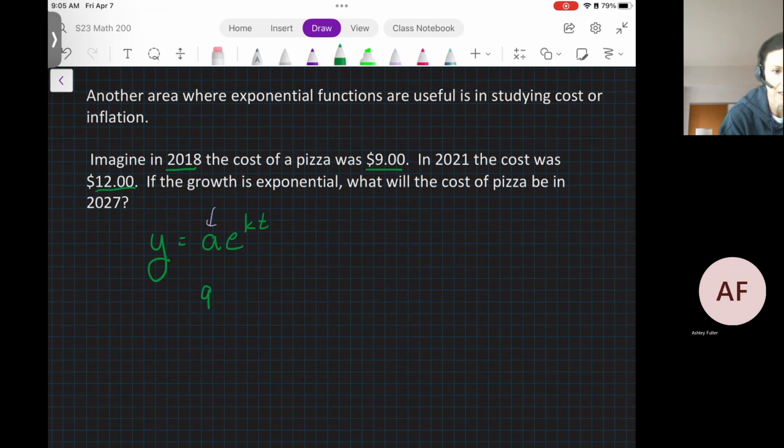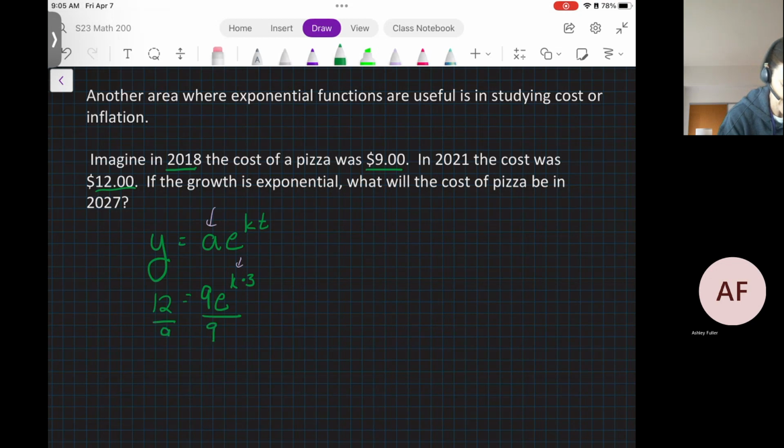That's the cost of the pizza in 2018. e to the k, and we know that between 2018 and 2021 we have 3 years passing, so our t value is going to be 3 here. And in 2021, the cost is 12. We're going to be able now to solve for our k value so that we can then go back and calculate the cost in 2027.